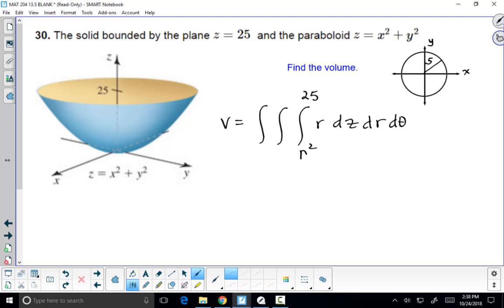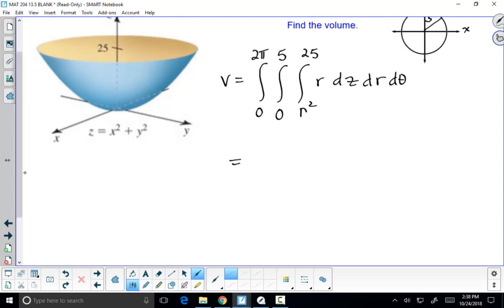Upper surface is that ceiling, z equals 25. R, 0 to 5, and theta, 0 to 2 pi. Oh, that's not that bad. It's starting to click. It's not that good, but it's not that bad.